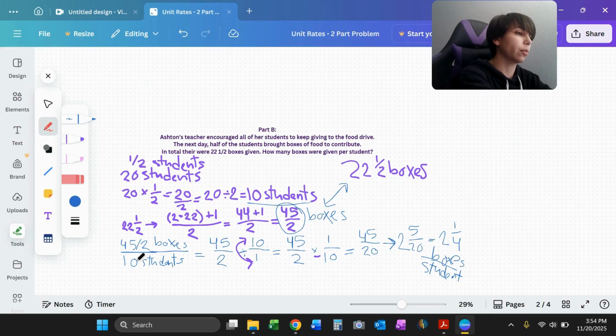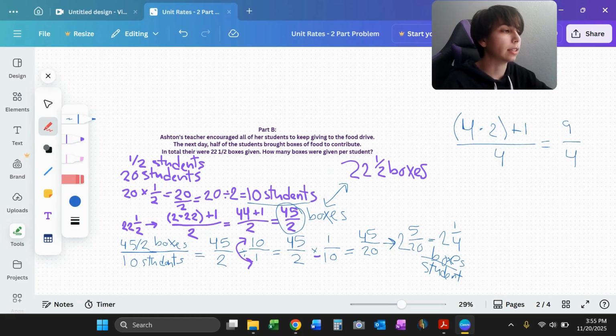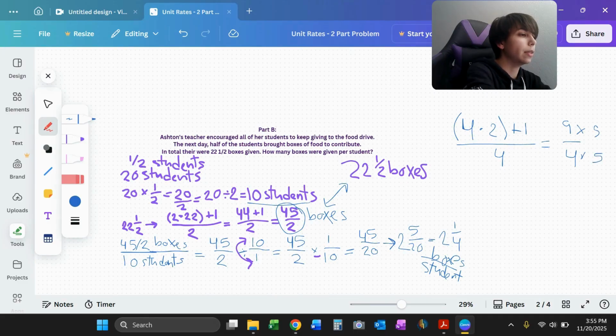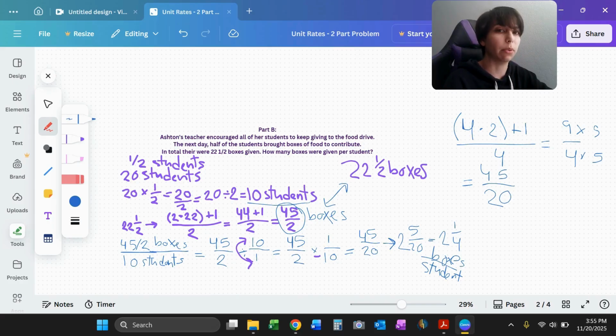Okay, so 4 times 2 plus 1 over 4, and that gets us 9 over 4. 9 over 4. Okay, that's another way to be written. And if we multiply that all by 5, then we get 45 over 20, right? So I'm just reversing what I did before to check.